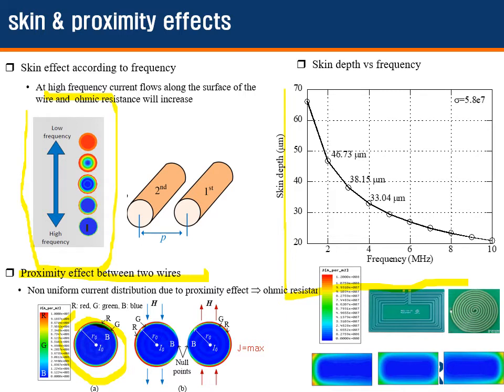However, look at figure B. Figure B shows that current distribution will be changed due to the proximity effect. You can see that the area will be reduced while total current is the same. Therefore, total AC resistance is increased. This case is rectangular coils. Let me explain later.